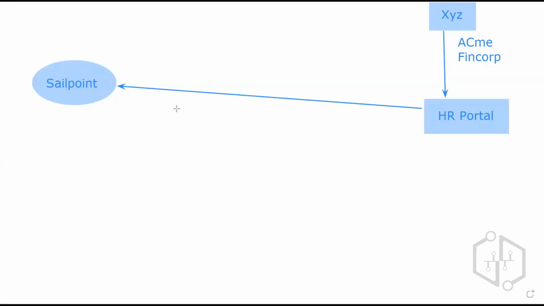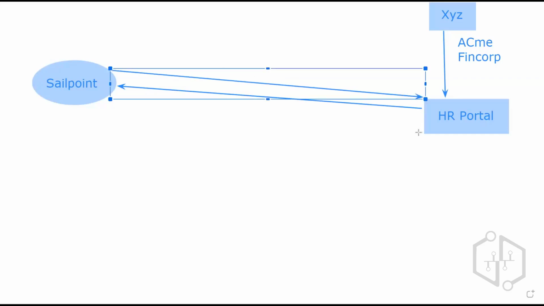These are the advanced applications we currently have in the market in the name of HR application. Any one of these applications will be used by your company. That application needs to be onboarded with SailPoint first. Once the onboarding is done, once SailPoint is able to communicate with this application in this direction, then it's a good sign.